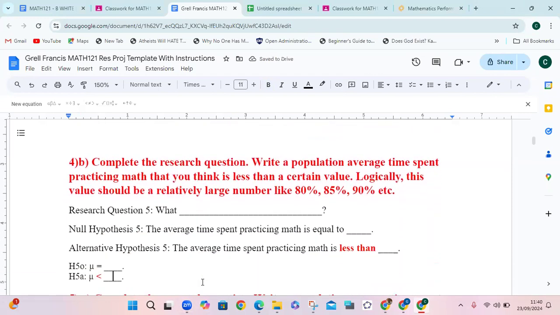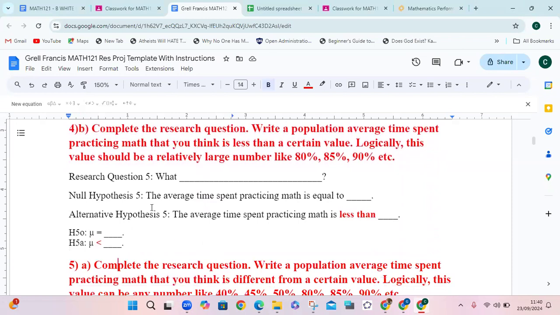Research question number 5. What is the average time spent practicing math? The average time spent practicing math is less than a certain number. So think of a big number for the average time to be less than. That is what is being explained there. Now, this is supposed to be in minutes, not percentages.